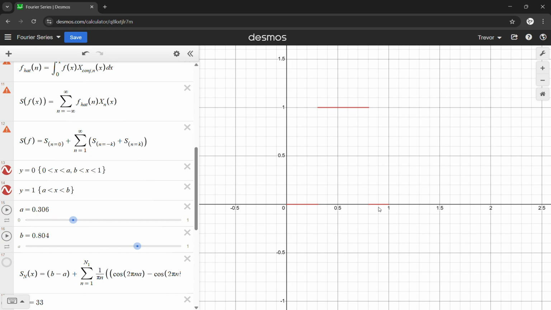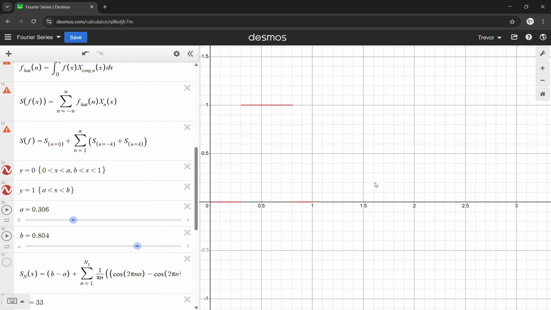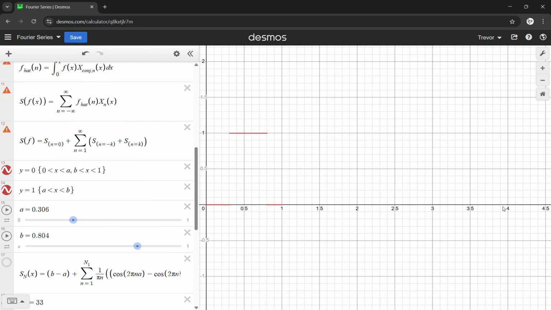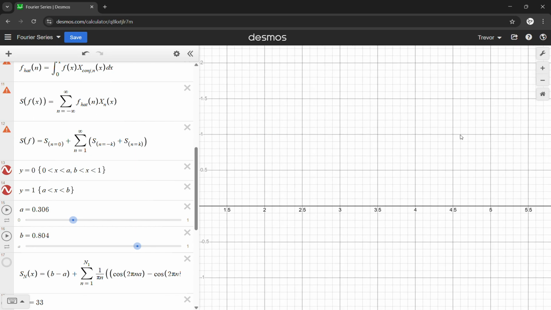Obviously it's Riemann integrable, but it's discontinuous, and it's not periodic because it doesn't repeat over and over again. But I want you to imagine in your head it repeating over and over again, kind of like where my cursor is going. The only reason I wasn't able to get it to repeat is a limitation of Desmos.